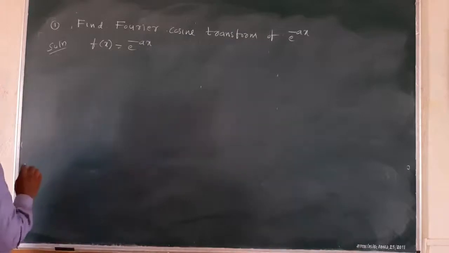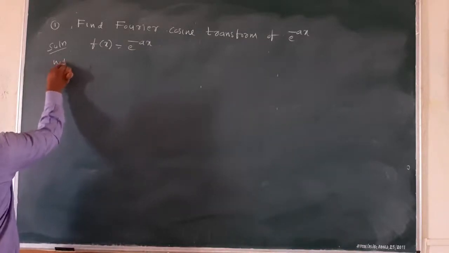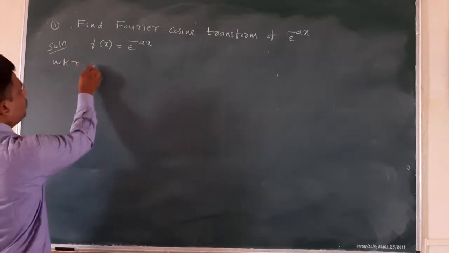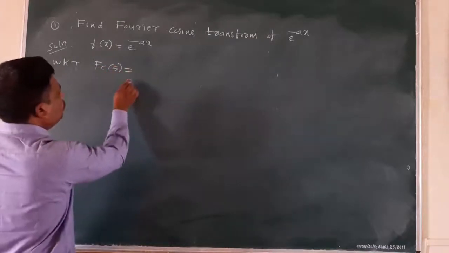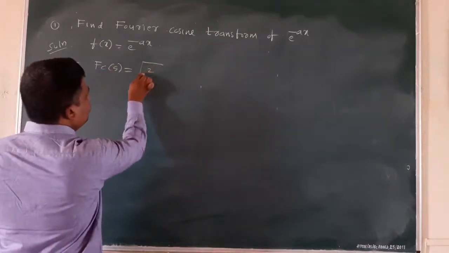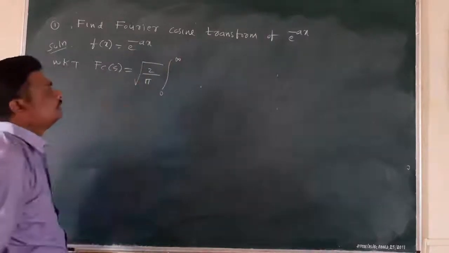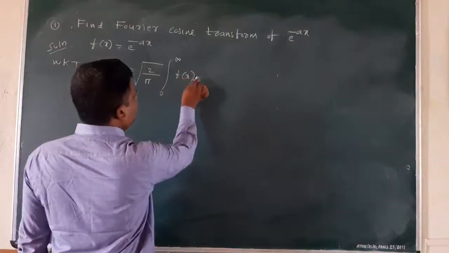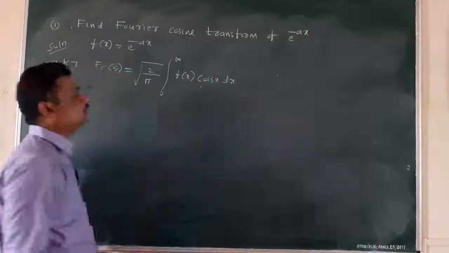So first I will write the formula for the Fourier cosine transform. We know that Fc of s is equal to square root of 2 upon pi integration 0 to infinity f of x into cos sx into dx.